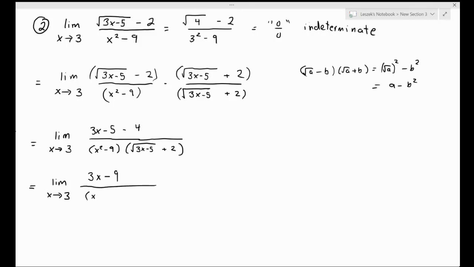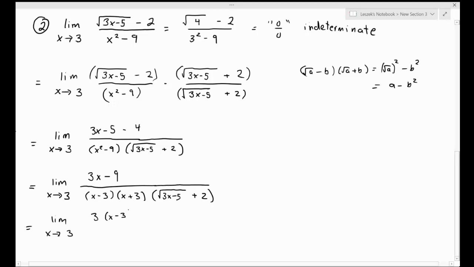So it'll be non-problematic, so to speak. I'm also factoring the x squared minus 9, that's the difference of squares, because maybe you can see that we are going to get a cancellation after we factor out a 3 in the numerator.